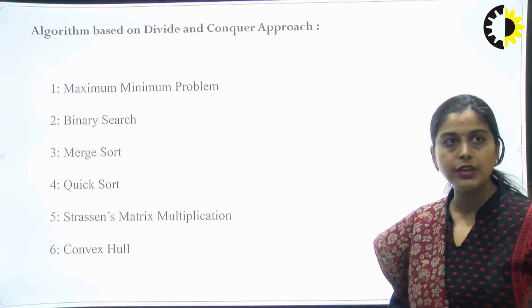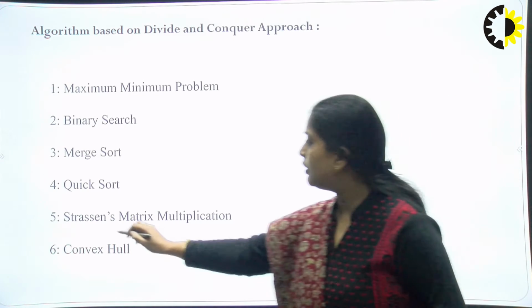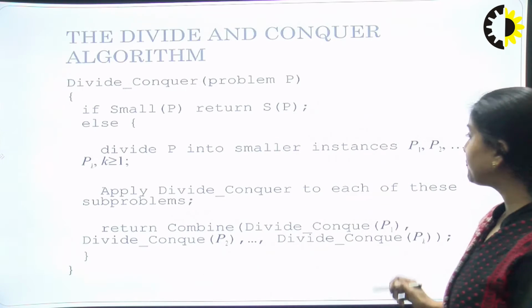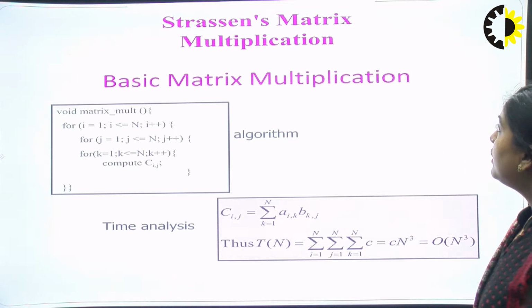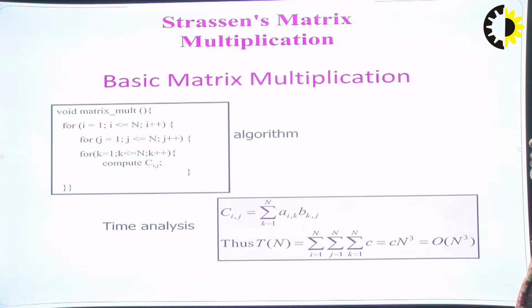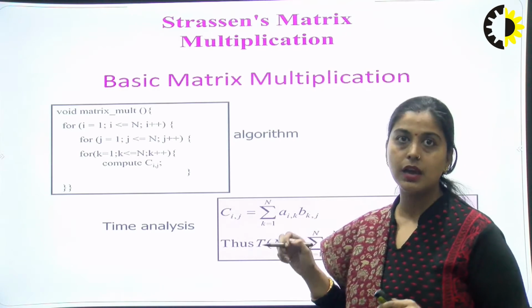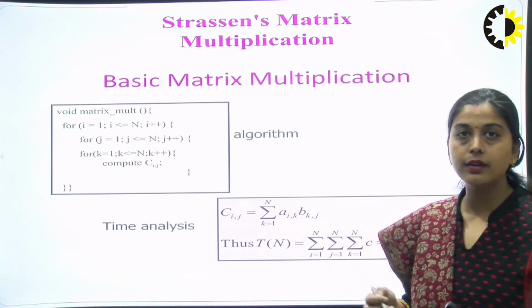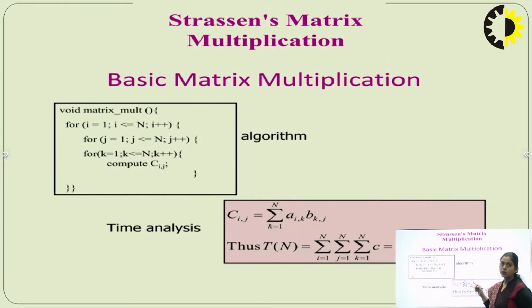So in today's lecture, I am taking one of these algorithms. The name is Strassen matrix multiplication. Now what is it? First, the basic matrix multiplication algorithm, as I believe you have already done in your BTech first year, is the simple approach and the simple C program to multiply two matrices.